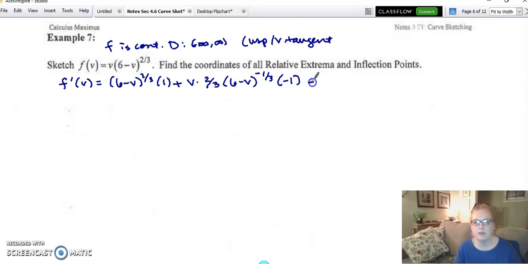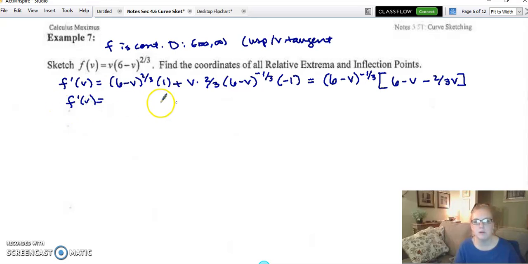I'm going to go ahead and factor to get this in a good form. I'm going to pull out the (6 minus v) to the negative 1/3. Remember, you always want to pull out the smallest power. 2/3 minus negative 1/3 would be to the first, so 6 minus v. And then after pulling out the (6 minus v) to the negative 1/3, I have a negative 2/3 v left, so minus 2/3 v. Cleaning that up is going to give me a fraction.